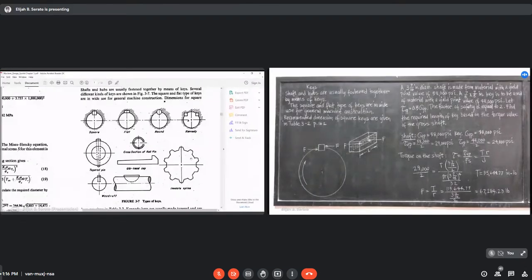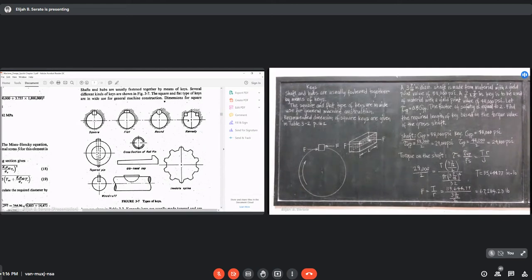Yes, sir. Okay, the most common, which we are going to study, is the square key and also the flat key. It could also be rectangular, not square, but a rectangular key.